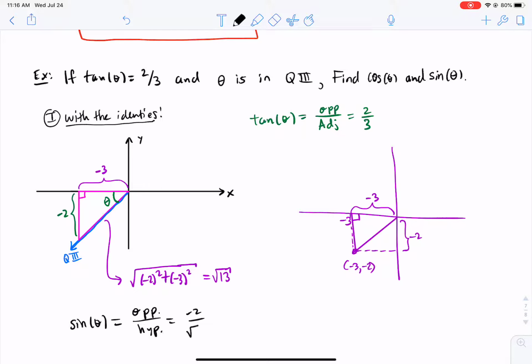Now you see, you didn't have to worry about putting a negative there. It came along with it from the diagram. If you use +2 and +3, you still have to think about the sign of sine in the third quadrant. Is it positive or negative? But because we were careful labeling the negatives, that's something we don't have to worry about. It already comes for free.